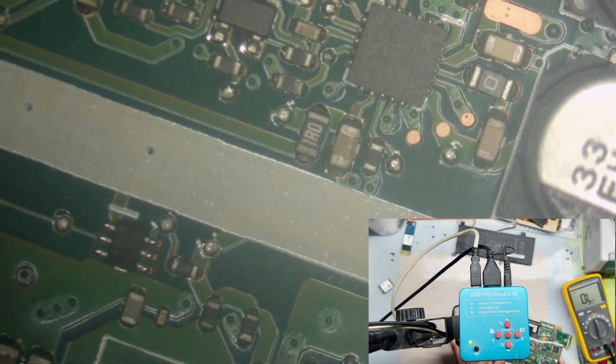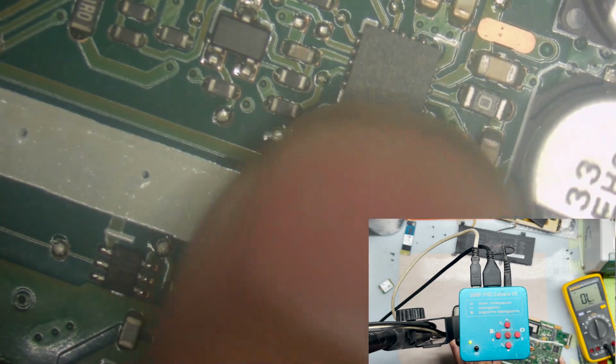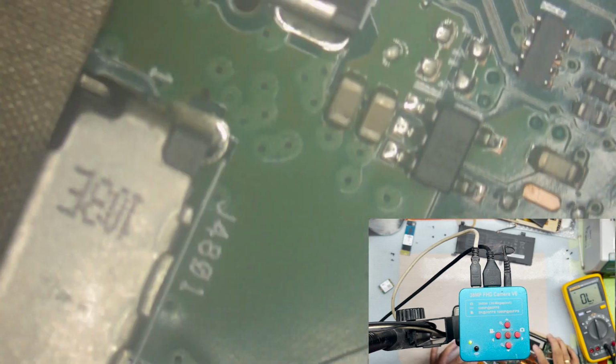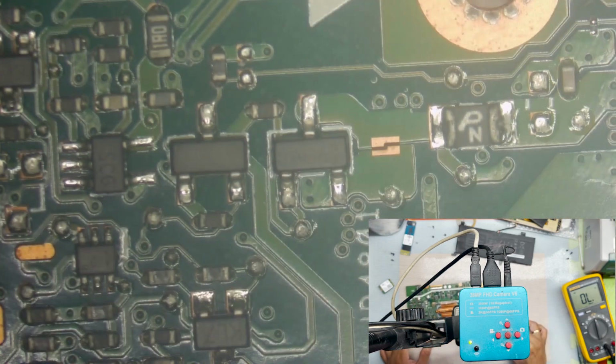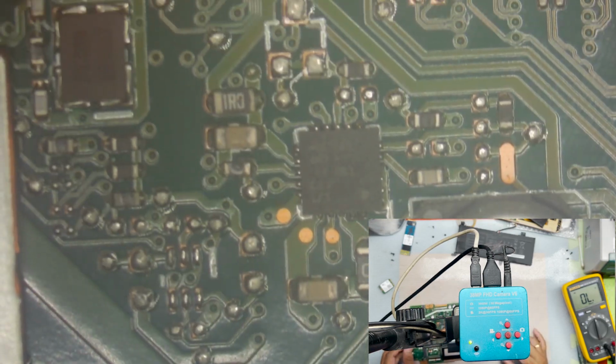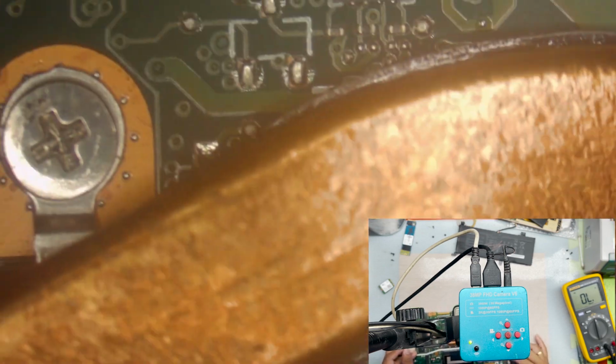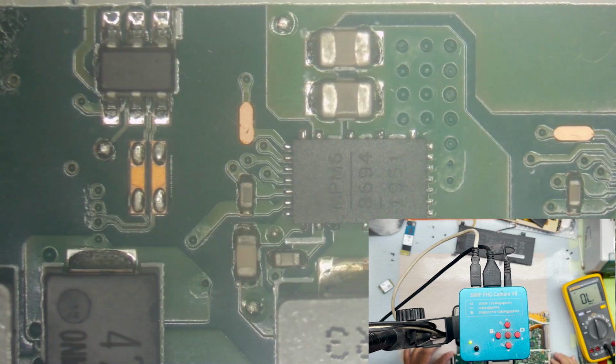I think this is the one. No. Not also. Not here.